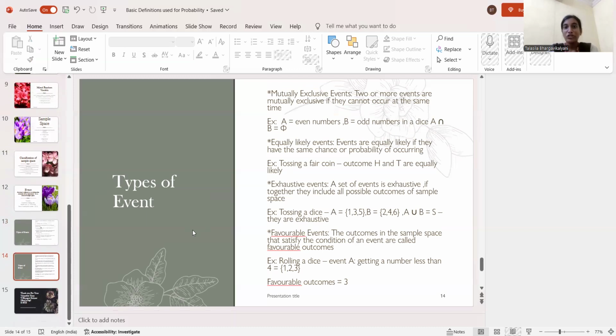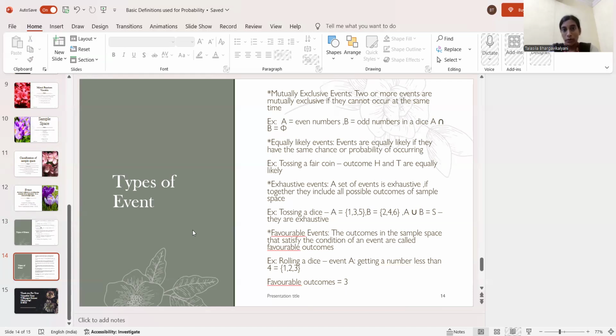Now, mutually exclusive event. Mutually exclusive event means two or more events cannot occur at the same time. For example, A is getting even numbers in a die, whereas B is getting odd numbers in a die.